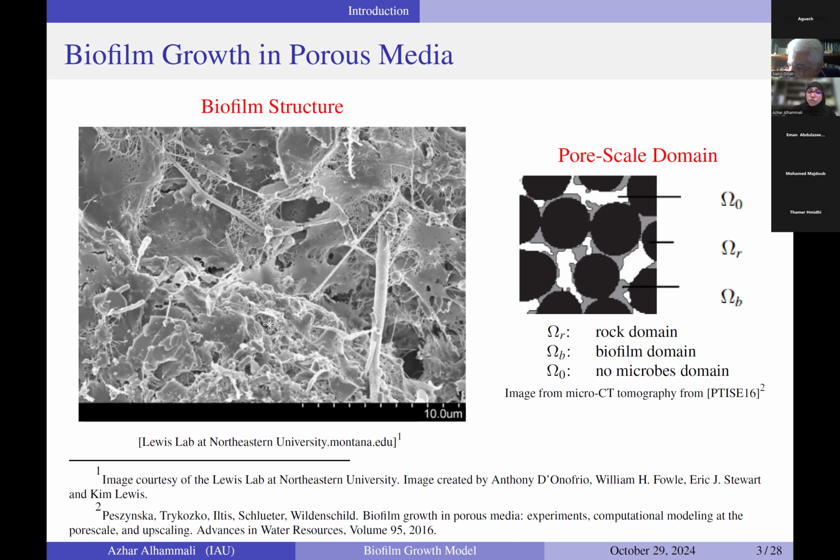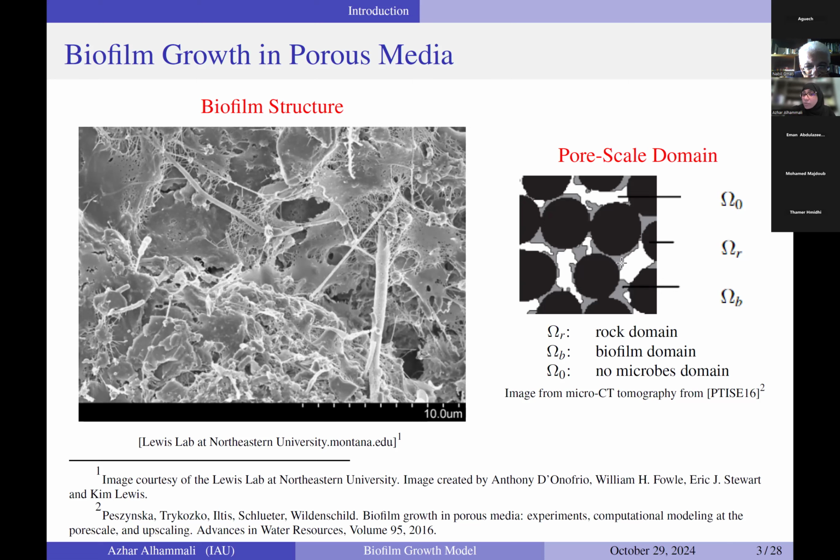Biofilm keeps consuming a nutrient as long as it exists and then grows until it reaches a certain density that cannot be exceeded, because in porous media there is not enough room for it to grow. That means there is a volume constraint on the biofilm growth. Here is a cartoon of a porous medium where the black dots represent the rocks in this medium.